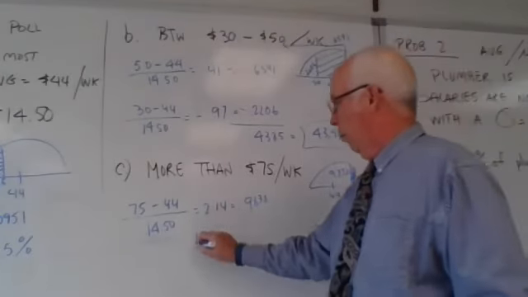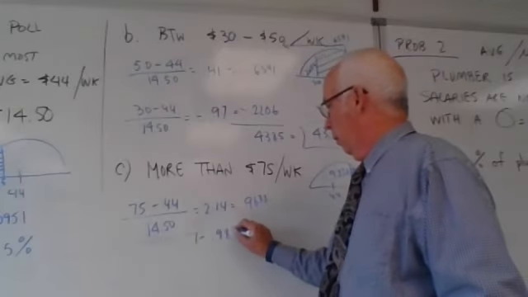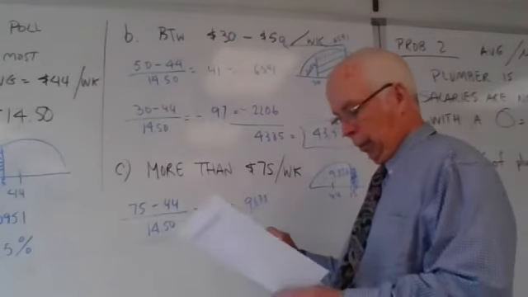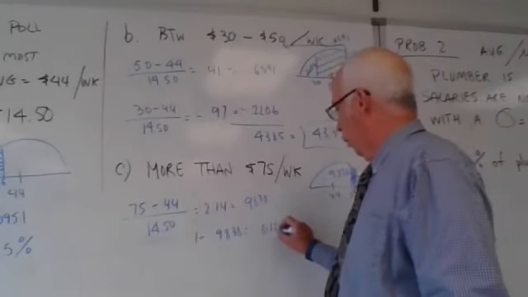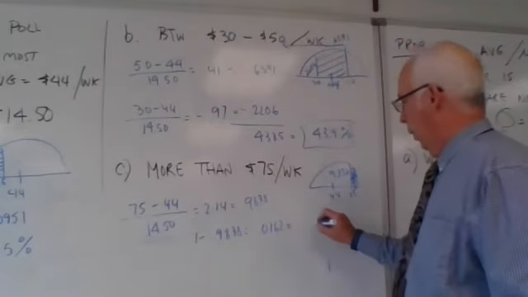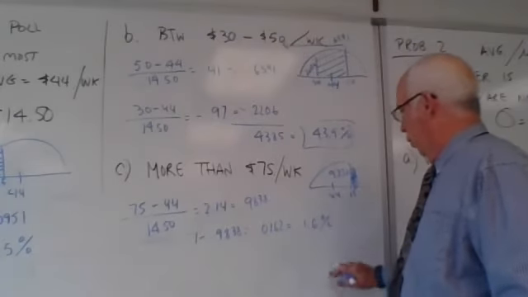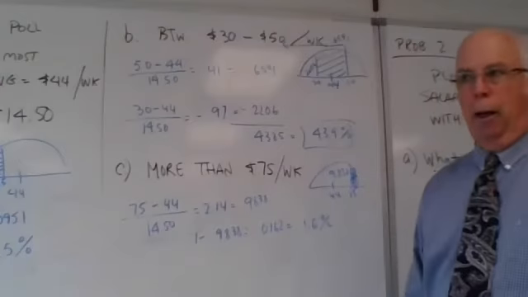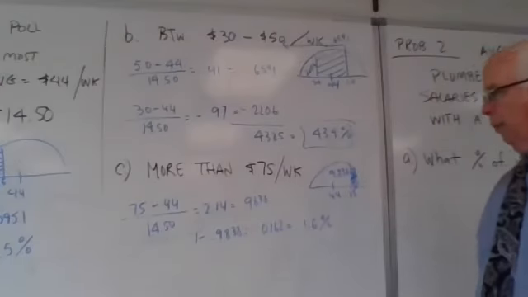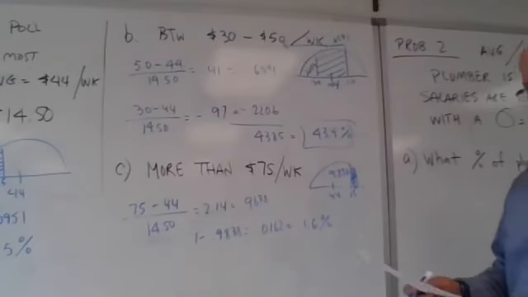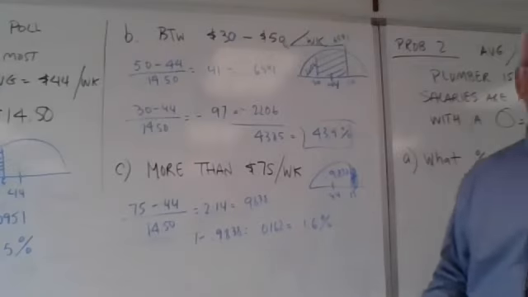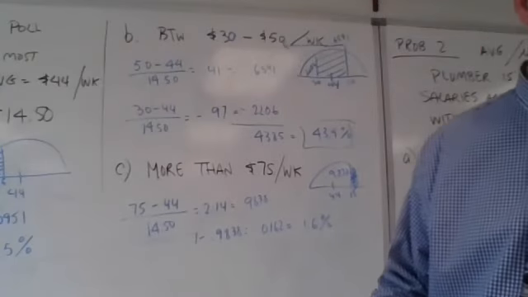So we subtract that from 1, and we get 0.0162, which, to put it in logical terms, means 1.6% of the population is spending over $75 on fast food per week. That's a lot of money on fast food, a lot of grease.